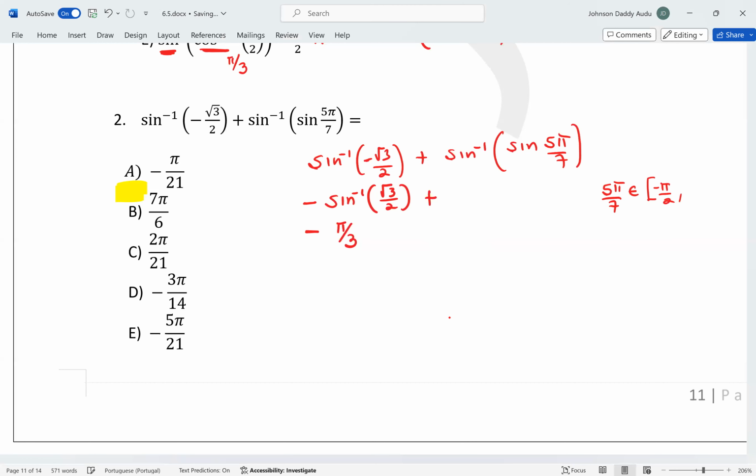It is between minus pi over 2 and pi over 2. So we want to compare 5 over 7 with 1 over 2. If you cross multiply, you get 10 on one side and 7 on the other. So it means that what?